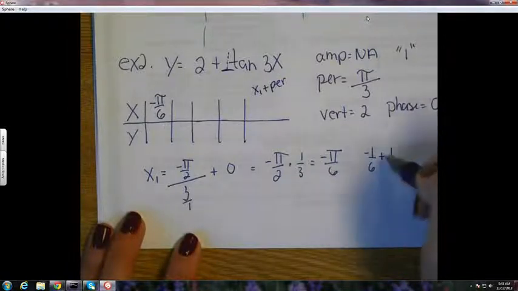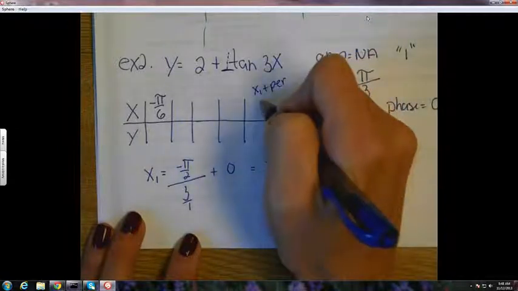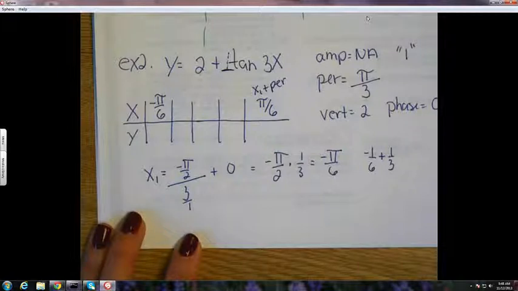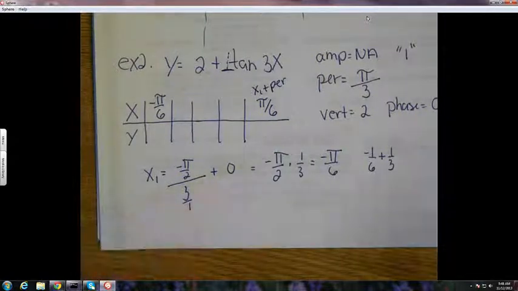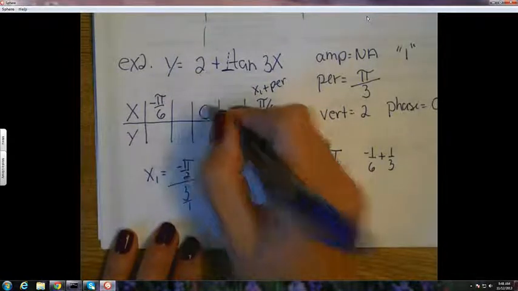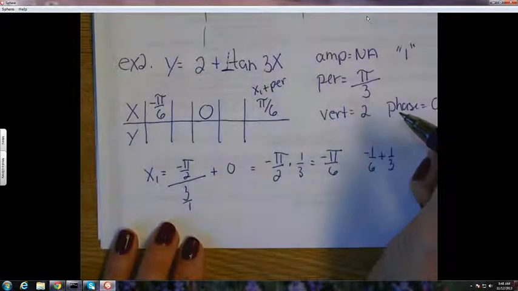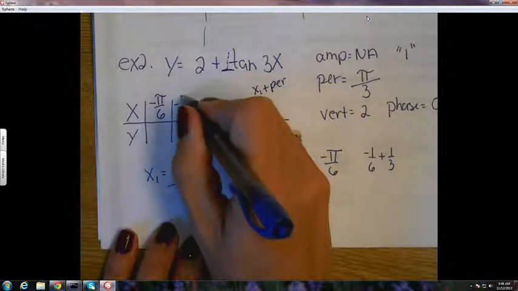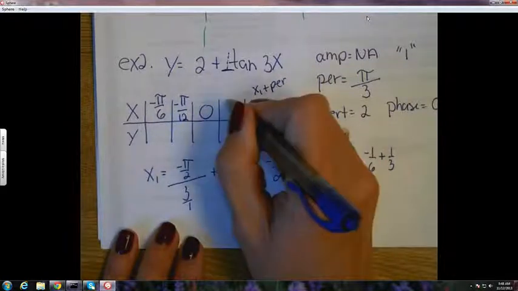Negative 1 plus 2 is 1/6. So with no phase, it's still going to be centered around that y-axis. So that puts 0 in the middle. What's going next to it? Negative pi over 12. Positive pi over 12.